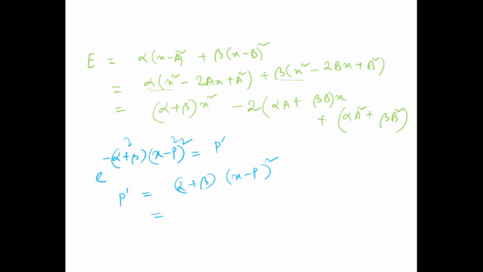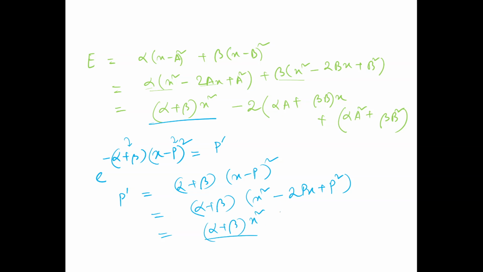So now what you have: (alpha plus beta) x square minus 2Px plus P square, or you have (alpha plus beta) x square, look at this term and this term.